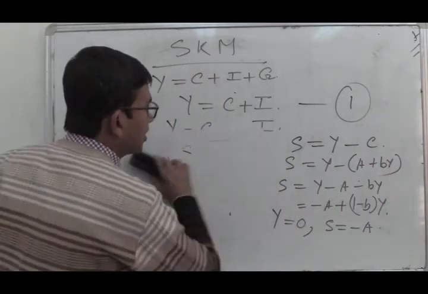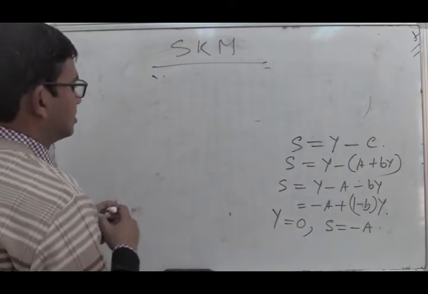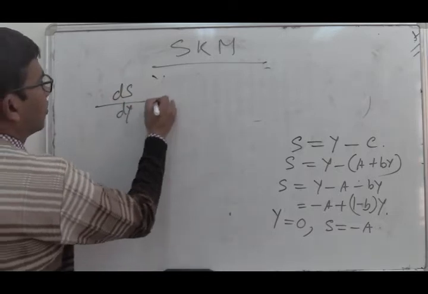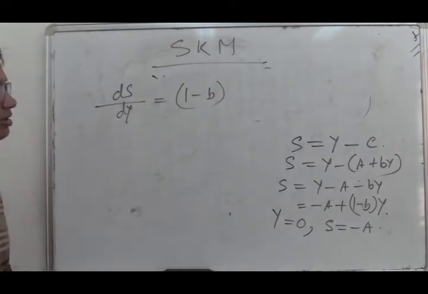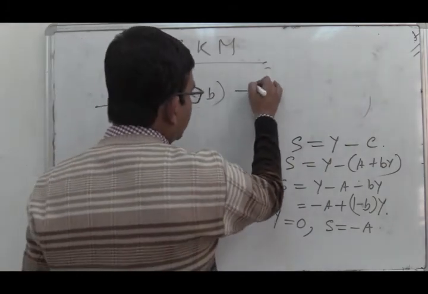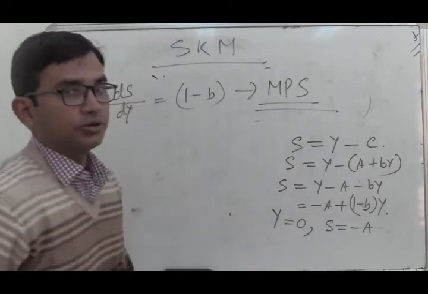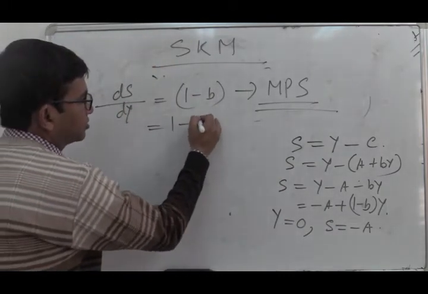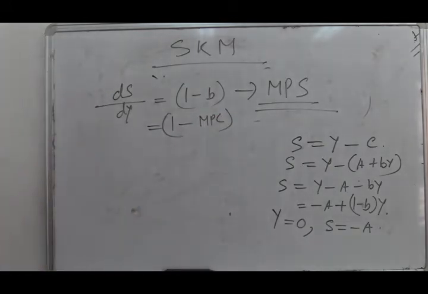And now the second part is, if we differentiate savings with respect to Y, we shall get 1 minus B. So this 1 minus B is known as the marginal propensity to save. And what is this? This equals 1 minus the marginal propensity to consume.